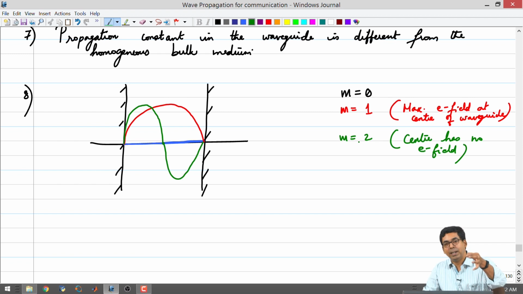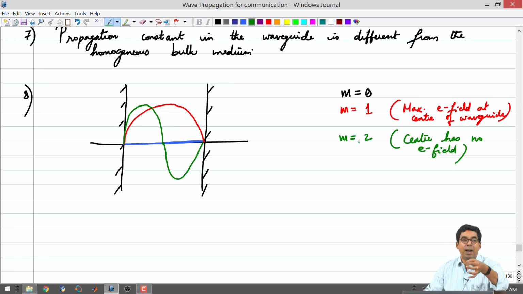Let us say that I have a detector which is smaller in size, and I want to be able to get the maximum information coming from the transmitter side. Then the question arises, should I position my detector, which is something that will take the electromagnetic wave and convert it to electric current, at the center of the waveguide?